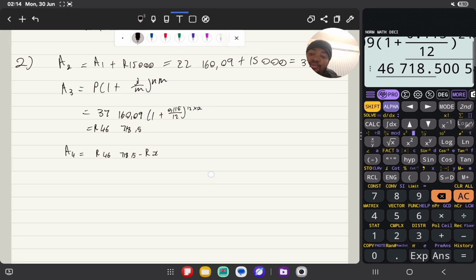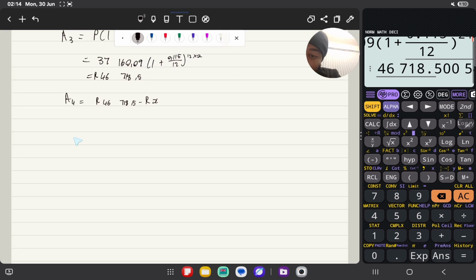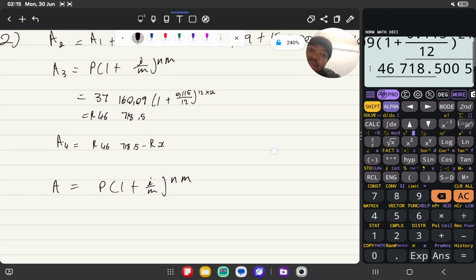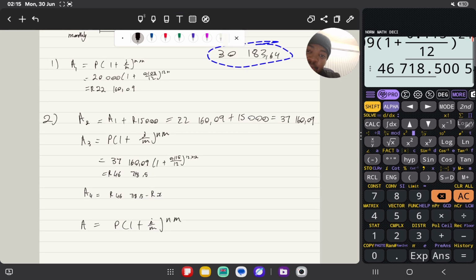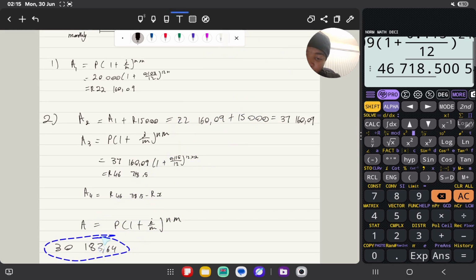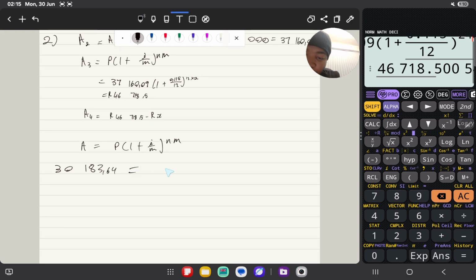So now we go back to this formula to say A equals P into 1 plus i to the power n. Now we have been given our accumulated amount, which is 30,183.64.